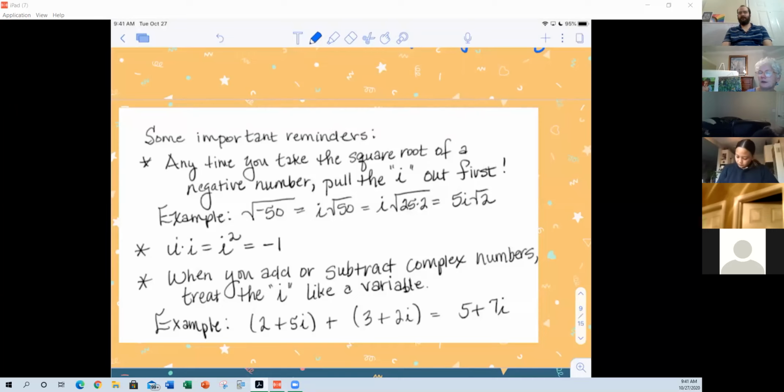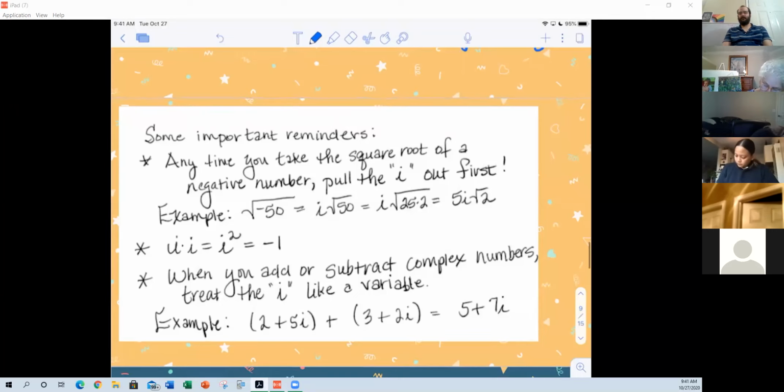For example, if you have the square root of -50, the very first thing you would do is notice that there's a square root under the negative, which is not even possible over the real numbers. So we say, okay, this is an imaginary number, pull out the i, and then take the square root of 50 just like we normally do, by breaking it down, either using a factor tree or finding the biggest perfect square within the number. Another thing to remember is that i squared is -1.